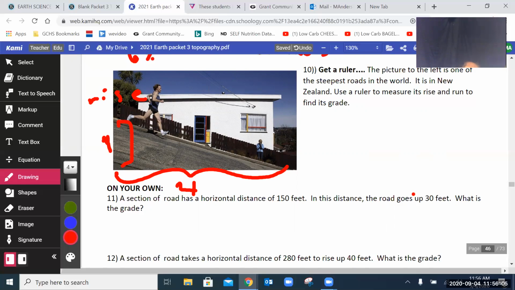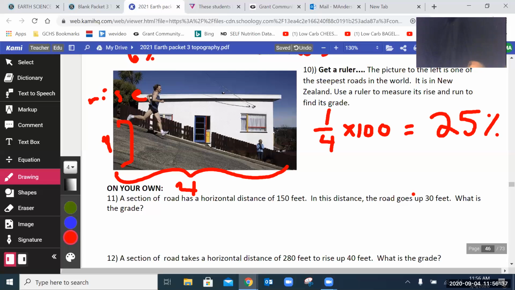So let's use our equation to find the gradient. Remember, it's rise over run times 100. Go ahead and do that right now. Type it into the search box of a search engine or in your own calculator. Maybe you can do it in your head, but you'll come up with the answer of 25%.